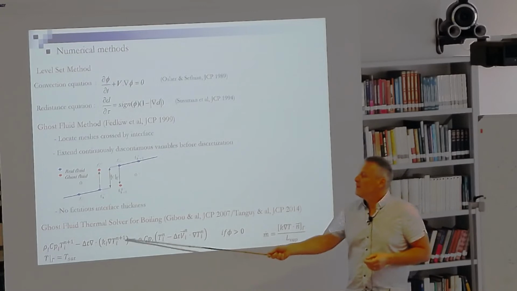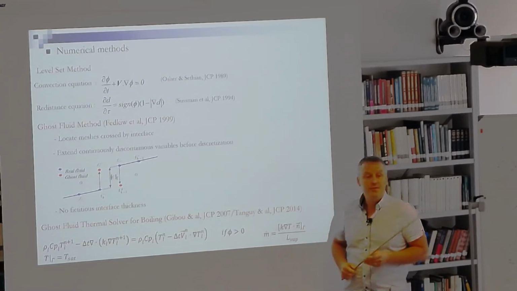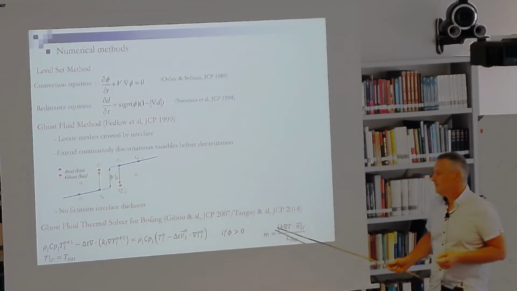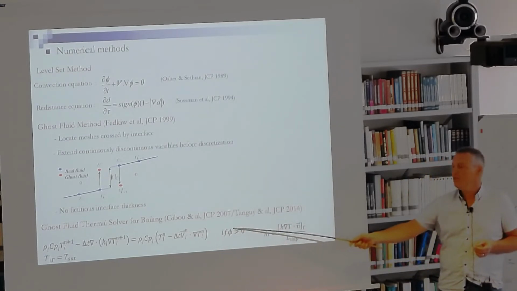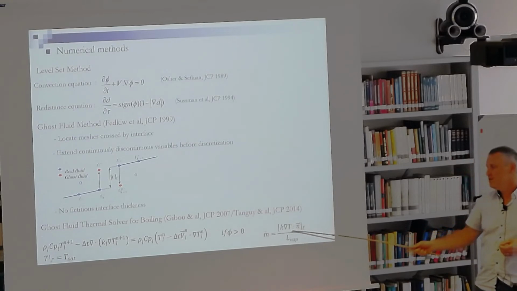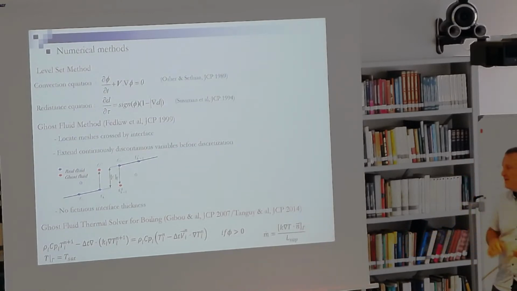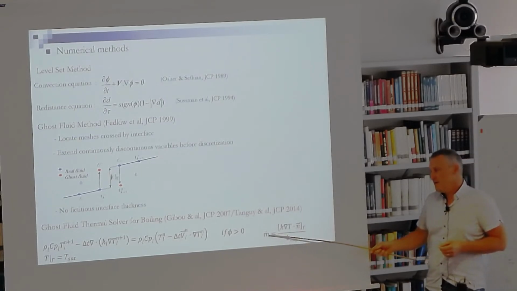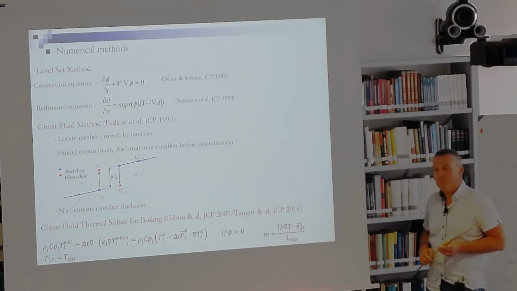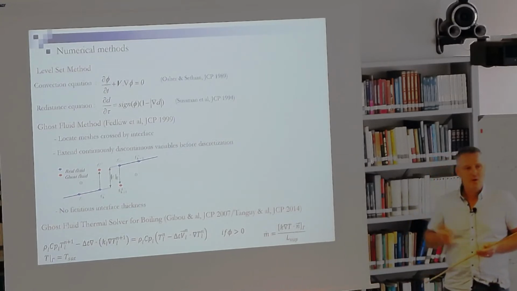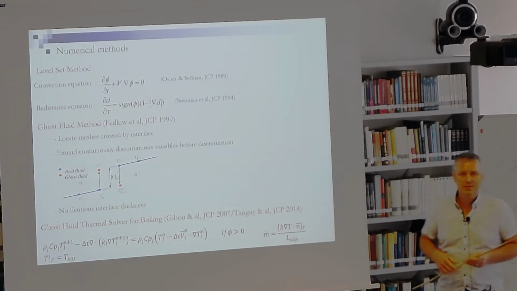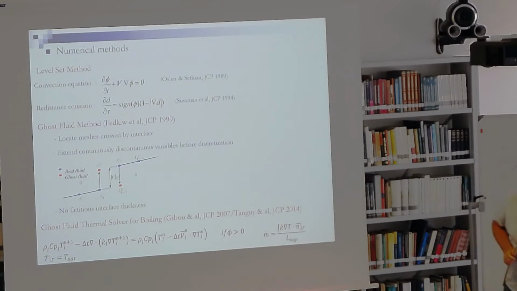And we have the same equation for the vapor. After computing the temperature in both phases, we can deduce a jump on the local heat flux, and it will give us the boiling mass flow rate at the interface, which is the critical parameter for the numerical simulation of liquid vapor phase change.